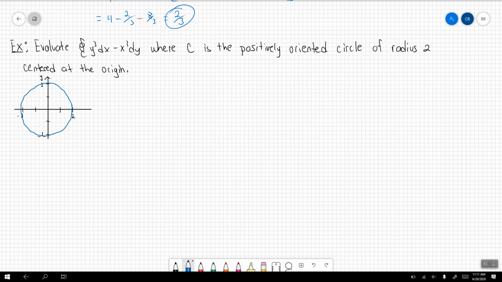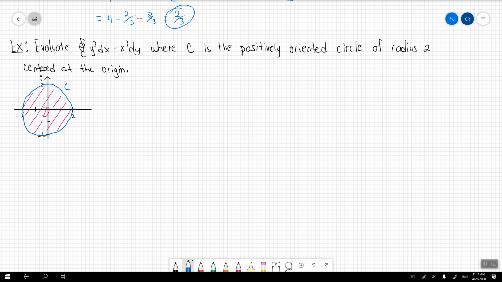There goes my circle. All right, there we go, slightly better. So here's my curve C, and it's enclosing this area, and I'm going to label this area D.